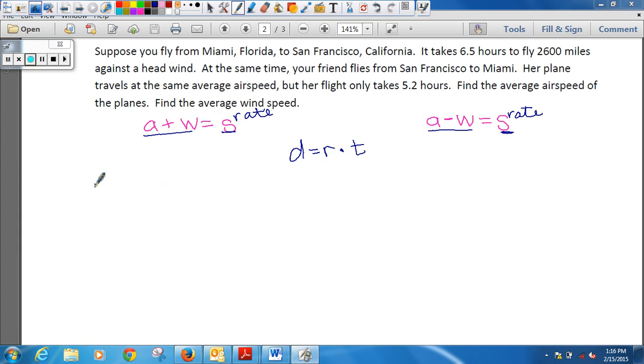So if we go over here, we have distance is equal to the rate, which is a plus w, times the time. On the other side, we have distance is equal to the airspeed minus the wind speed times the time as well. And now I'm going to fill in the information we know. Well, we know that both of them are traveling the same distance of 2,600 miles.